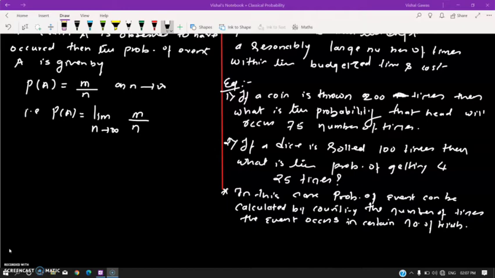So in fact this n is finite in empirical probability also, but it can take any large value. You don't know exactly what the infinite number of times you are allowed to repeat the experiment would be, but it is possible to repeat the experiment any large number of times. There's no restriction on the number of outcomes or the number of times you should repeat the experiment, right?